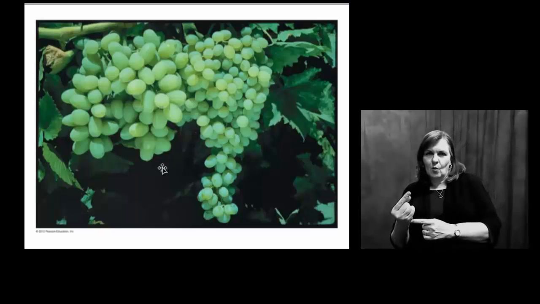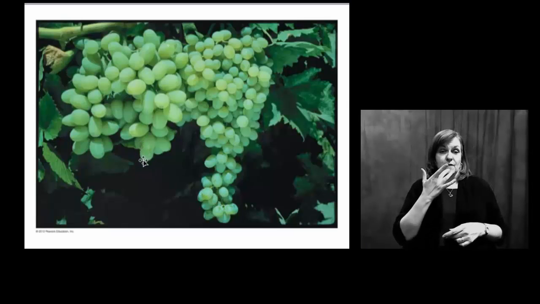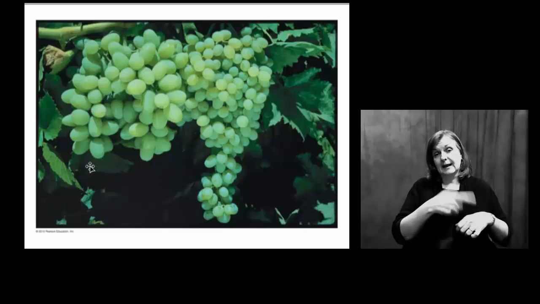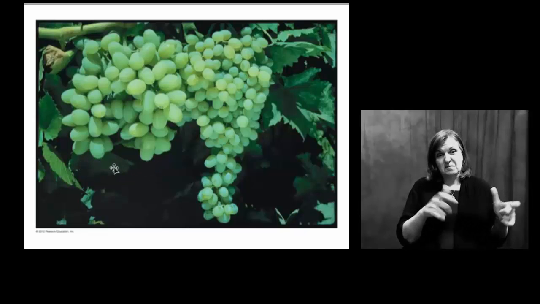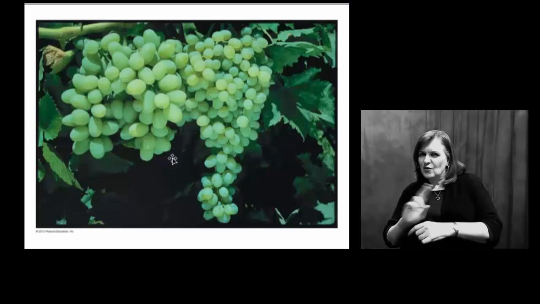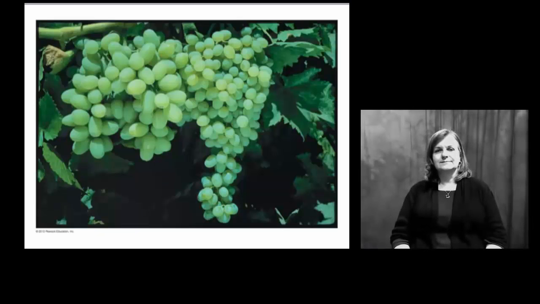Try it the next time you have a bunch of grapes. The small ones tend to be much sweeter than the large ones, but consumers prefer larger fruit, and so they're willing in many cases to go for these grapes that would be on the left, but now you know the grapes on the right would actually be the sweeter grapes for us.